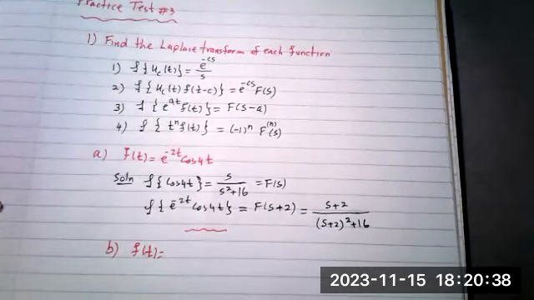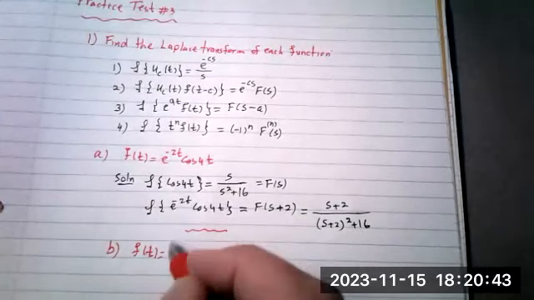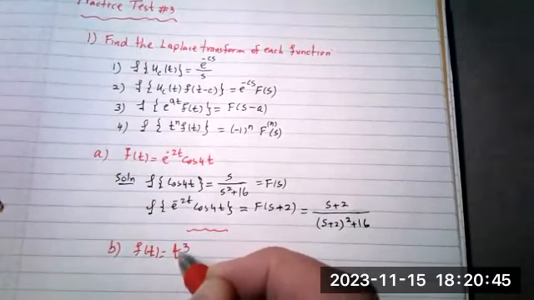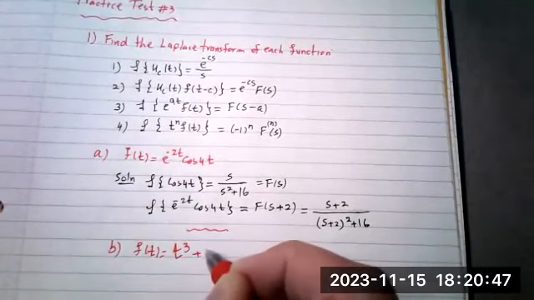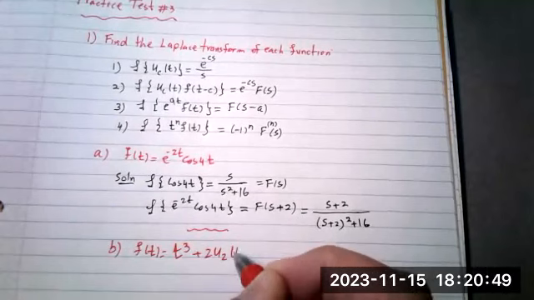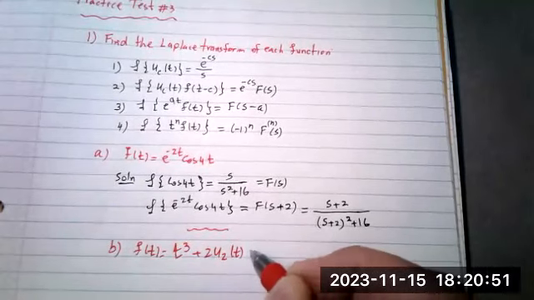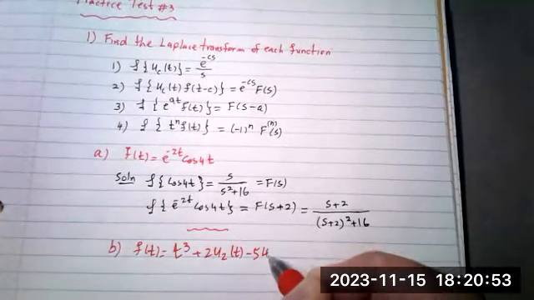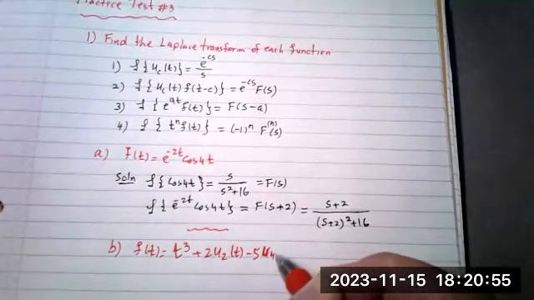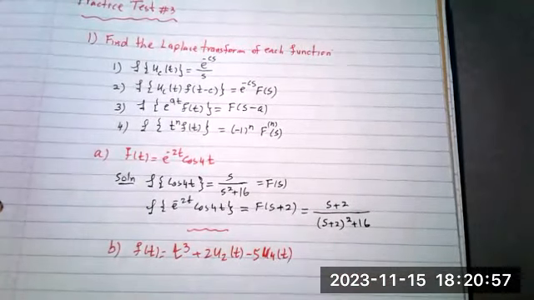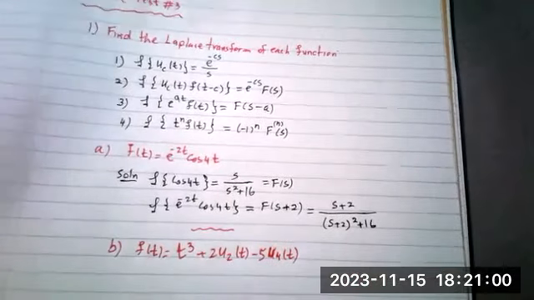So for part 2, your f of t is equal to t cubed plus 2 u2(t) minus 5 u4(t). Okay, easy function, just a unit step function. You go for it.